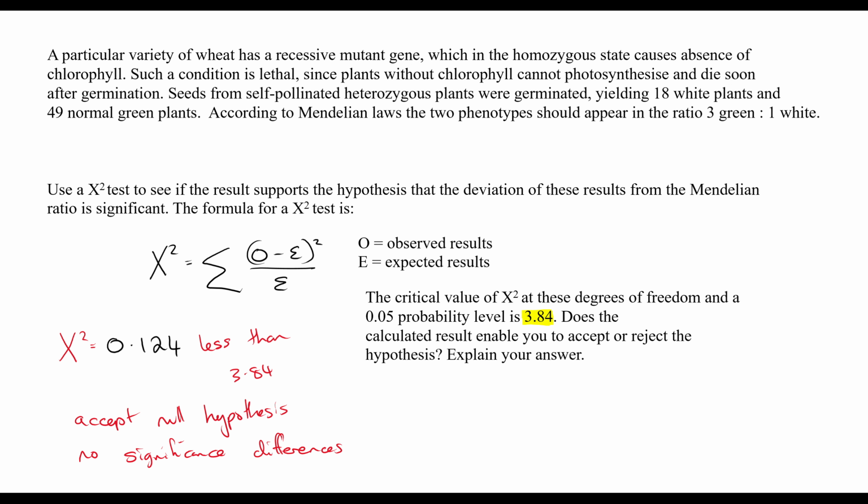Now, it's important whenever you're reading these questions that you take your time to read what's actually been stated. So they're asking you to either accept or reject the hypothesis. Well, if I go solely on accepting my null hypothesis, I will say I'll accept my null hypothesis, but this is where you need to be careful. Go back and reread the question. The chi-squared test to see if the results support the hypothesis that the deviation of these results from the Mendelian ratio is significant.